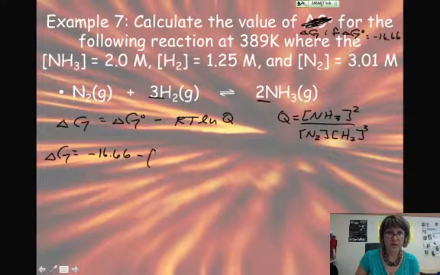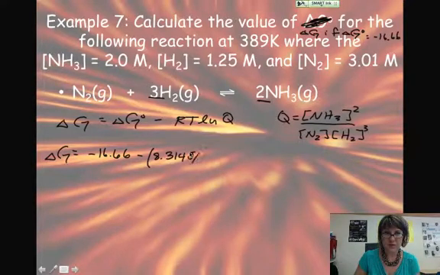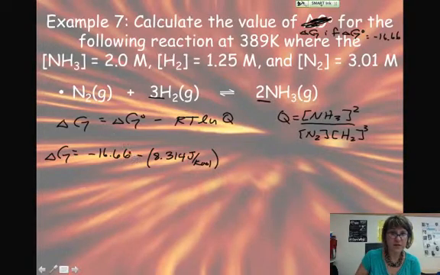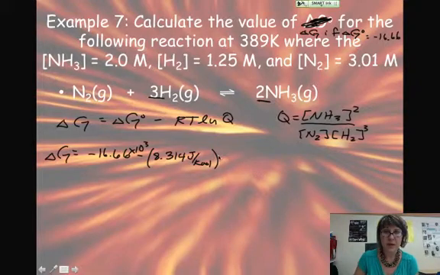Delta G naught is negative 16.66. Then we'll subtract the product of the gas constant, 8.314, and that's joules per kelvin mole. Joules. And this one is in kilojoules. So adjust that real quick. There we go. Times the temperature of 389 kelvins times the natural log of our reaction quotient.